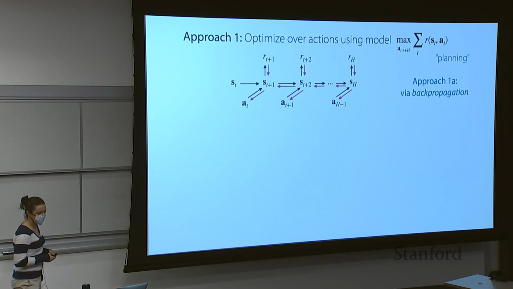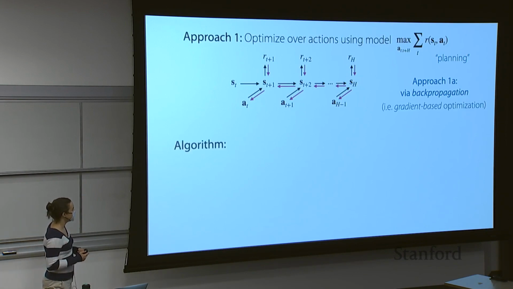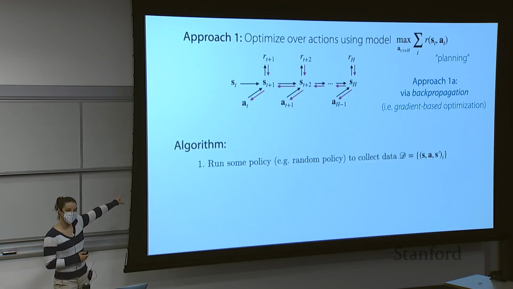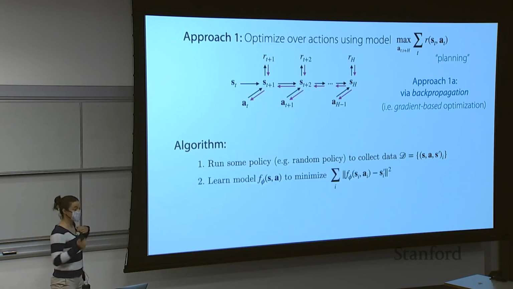And so explicitly what this will look like is, first we're going to run some policy to collect some data. This could be a random policy, for example. Then we'll fit a model using the data from this policy. This is just done with supervised learning.